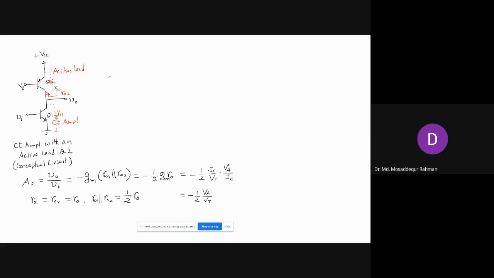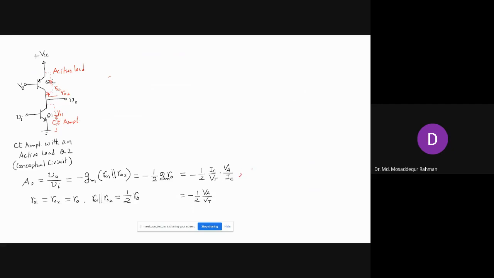But here you can have a very small IC and still have high gain, keeping the power loss low in the amplifier circuit. So that is one big advantage of using the active load.